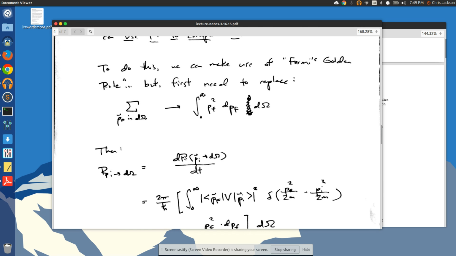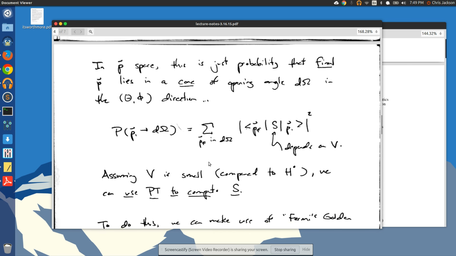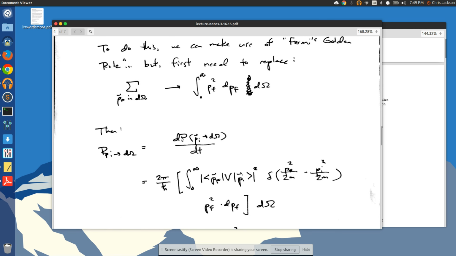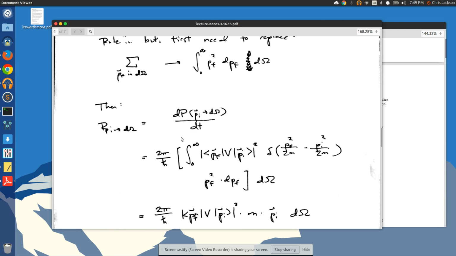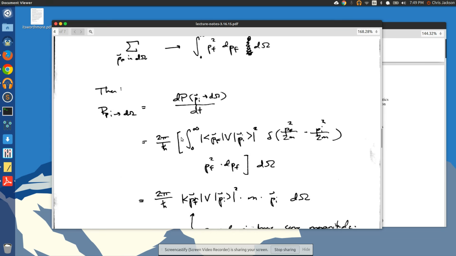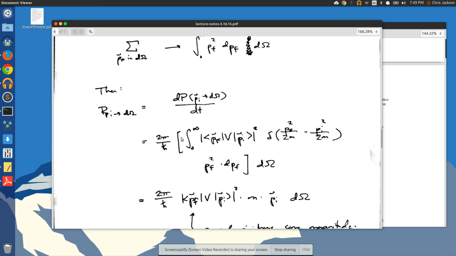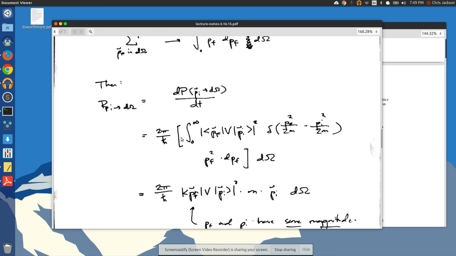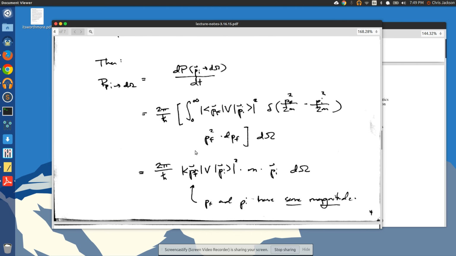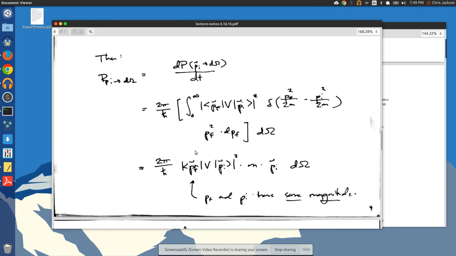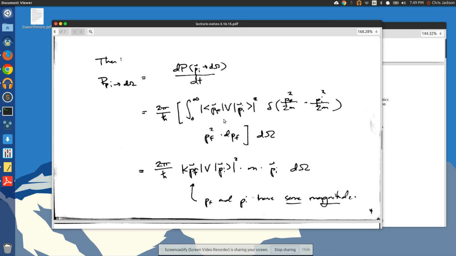So what we would have is just the derivative of this thing up here, the time derivative. Right. So here, what are we doing? Okay, so here we're using Fermi's golden rule. I'm basically plugging in the expression that we arrived at last time for Fermi's rule.